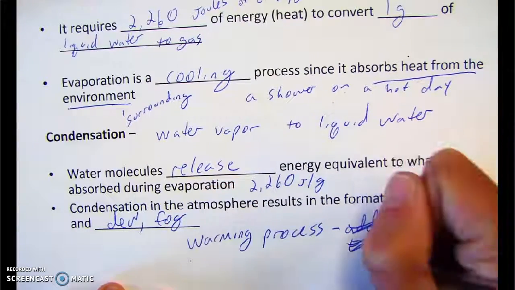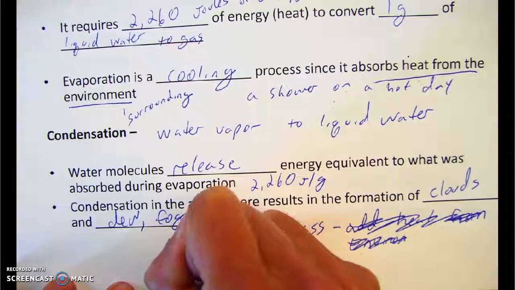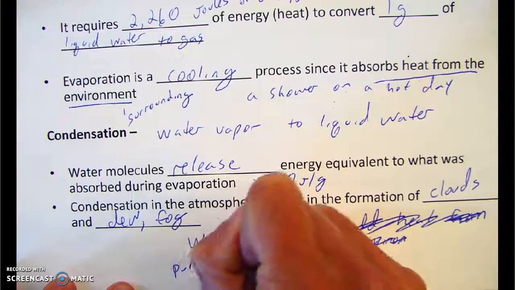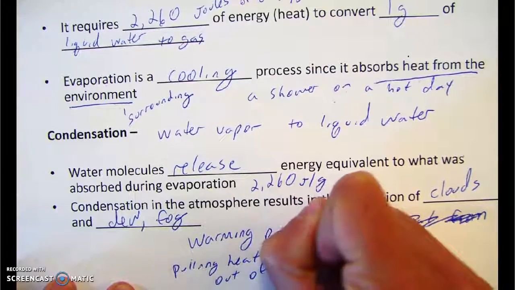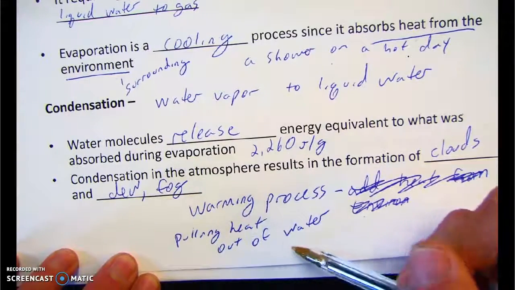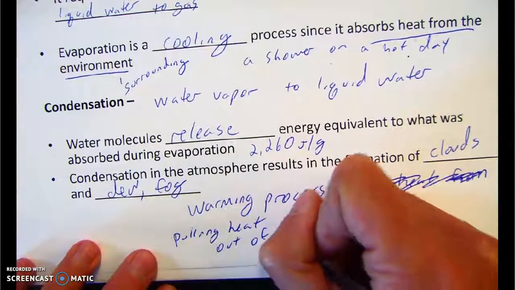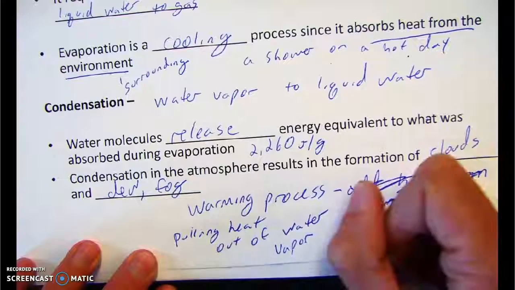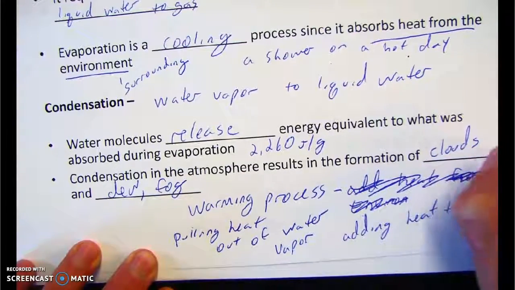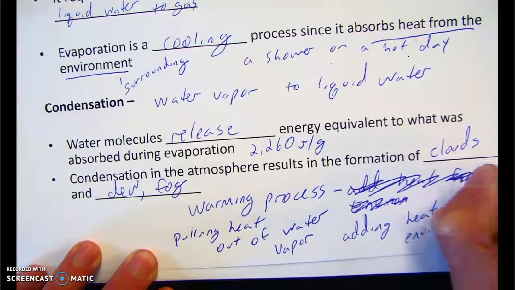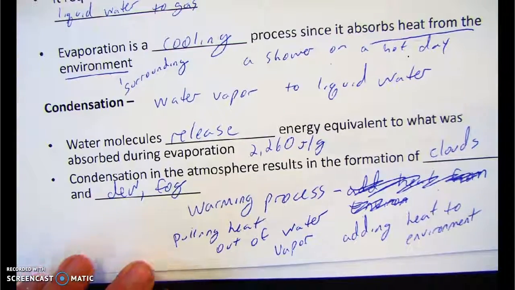We are adding heat to the environment, but it's more like we're pulling heat out of the water. And if we're pulling heat out of the water vapor, we're adding heat to the environment. And we're causing heating around the cloud.